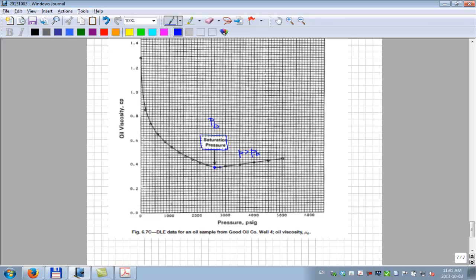Why would it be increasing? Well, you have the same amount of liquid, but the liquid's getting heavier, and the viscosity has a lot to do with how these molecules are, in a sense, reacting to the shear stress amongst the molecules themselves.